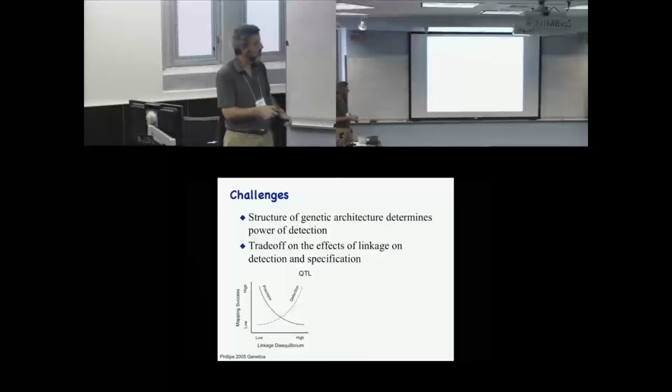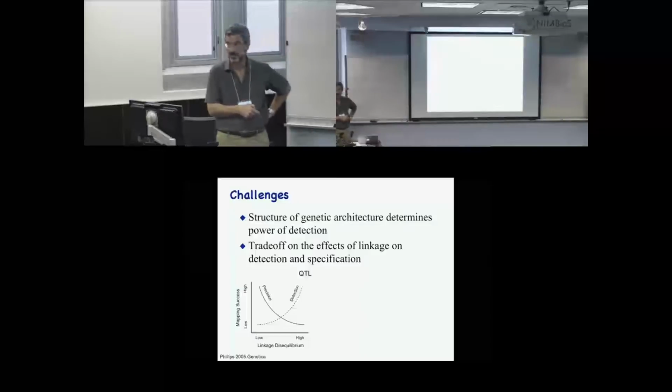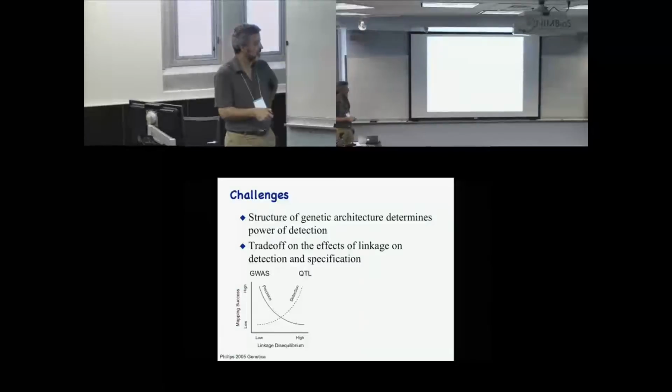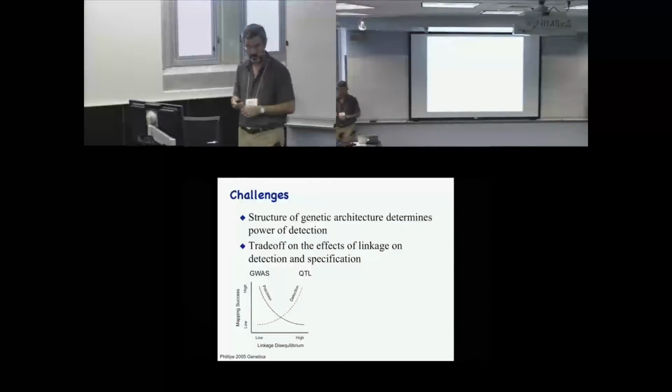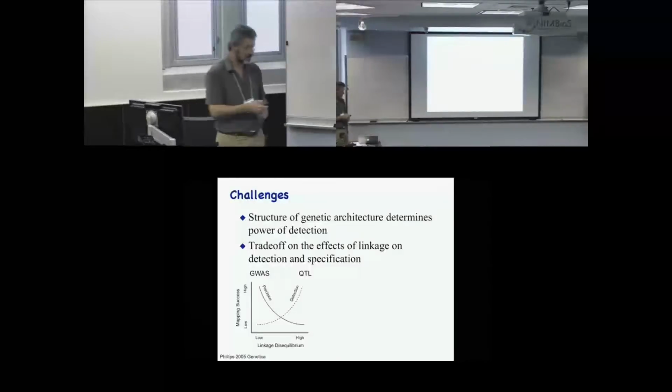And so the QTL world is over here, where things are in high linkage disequilibrium. You're likely to be able to detect genes, but you won't be able to say where they are. And GWAS is down here, where you have very low power to detect things, but if you do detect something, it's likely to be quite narrow in the genome. And so this really goes to the question of how big the samples need to be in order to make these things work.